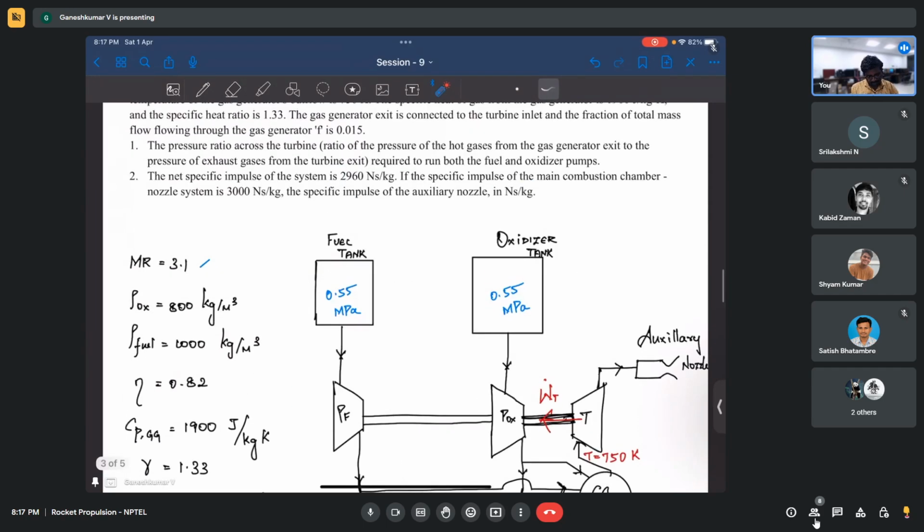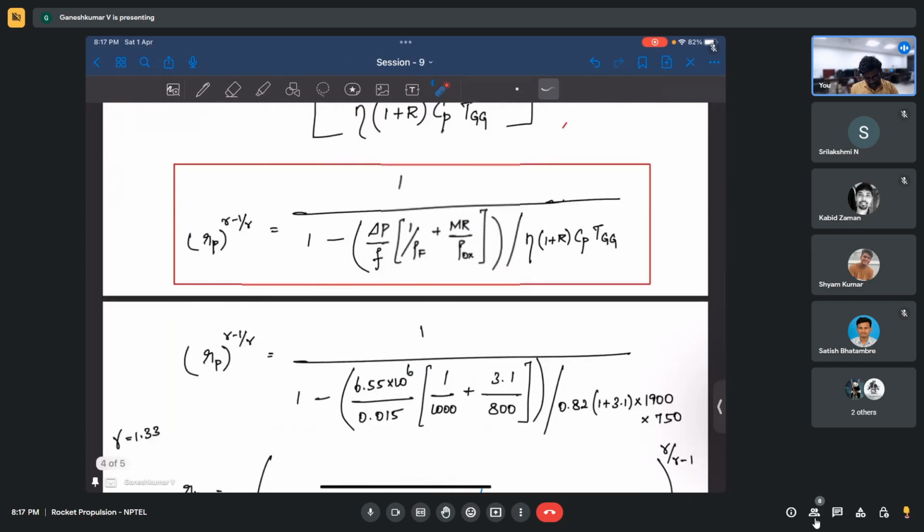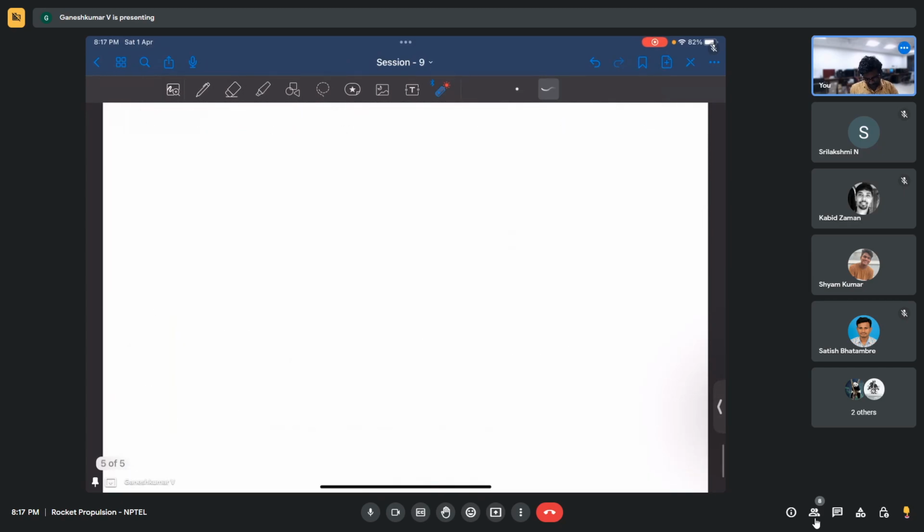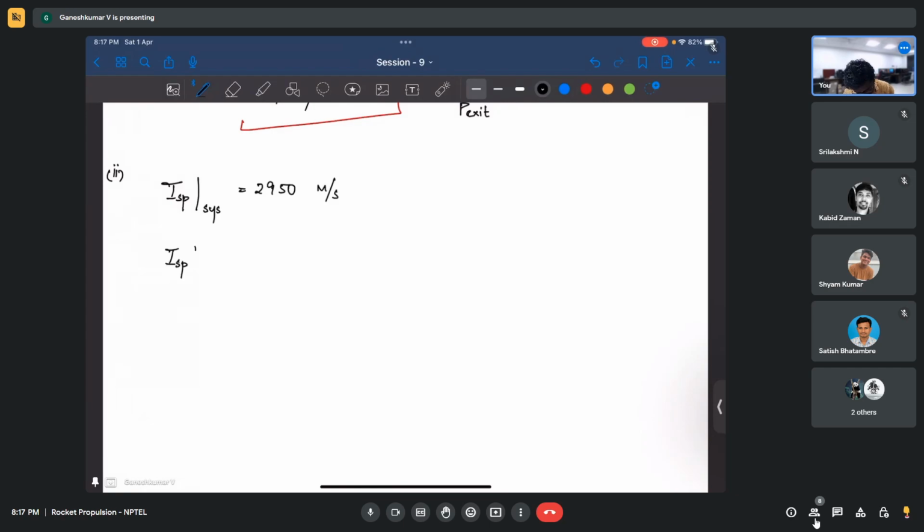What has been given is the specific impulse of the whole system is 2950 meter per second, and the specific impulse of the main combustion chamber nozzle is 3000 meter per second.